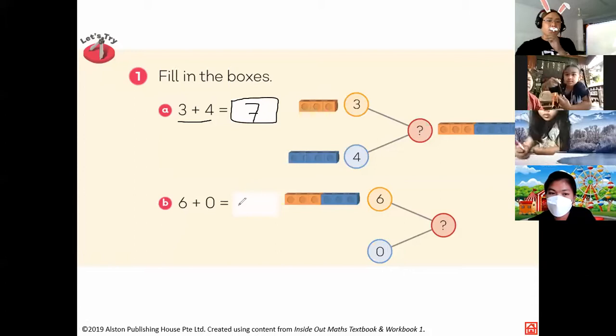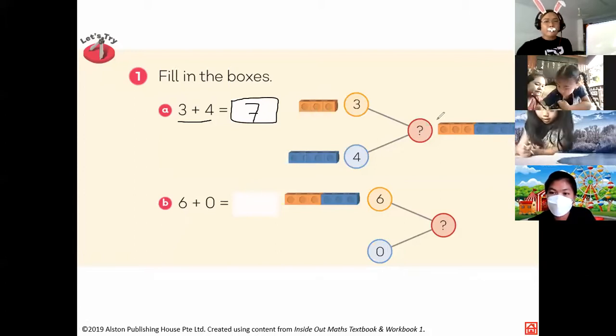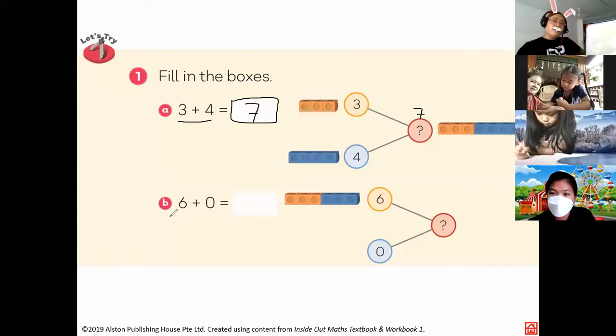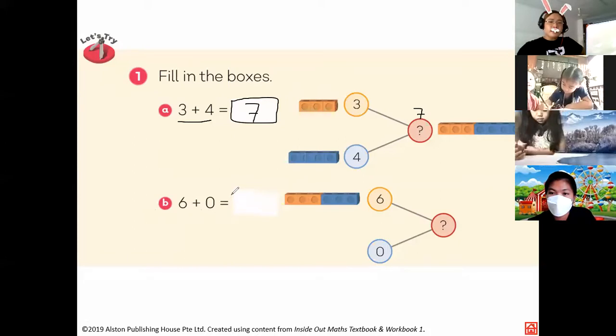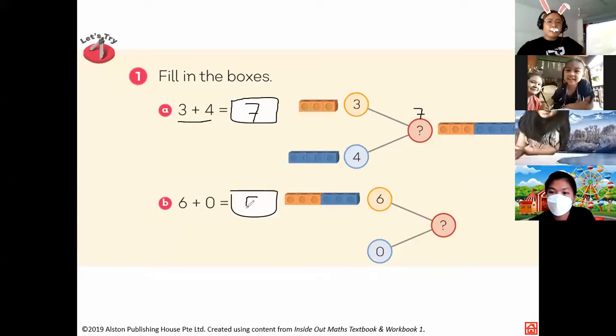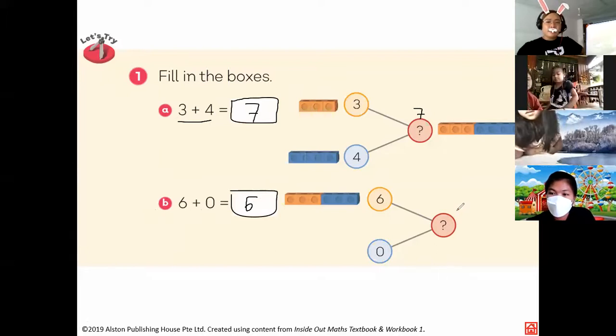Number 7 for letter A. Okay, so what about letter B? We have 6 plus 0. 6. Okay, so you're right. The number 6. And here is also 6.